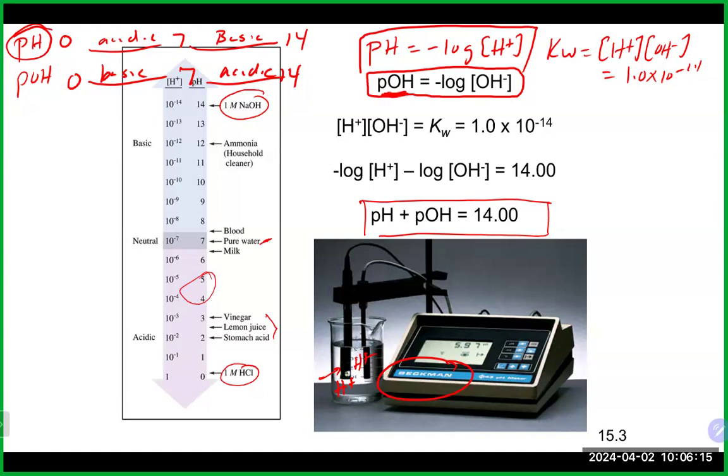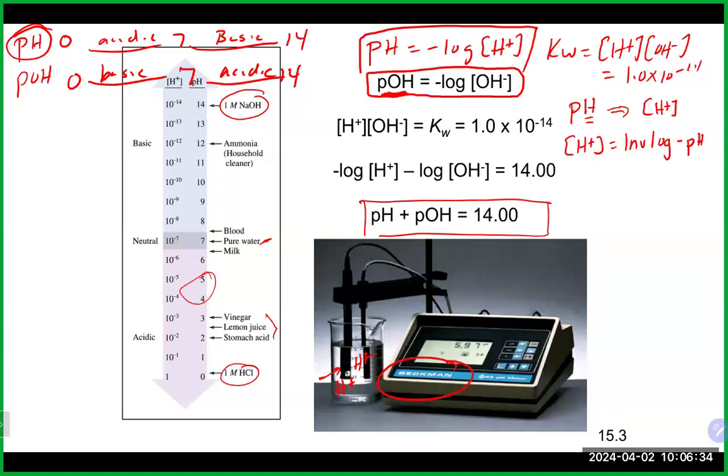Now, in addition, if we have the pH given to us, we can directly get from that the H plus concentration. You could calculate the H plus concentration by taking the inverse log of the negative pH.